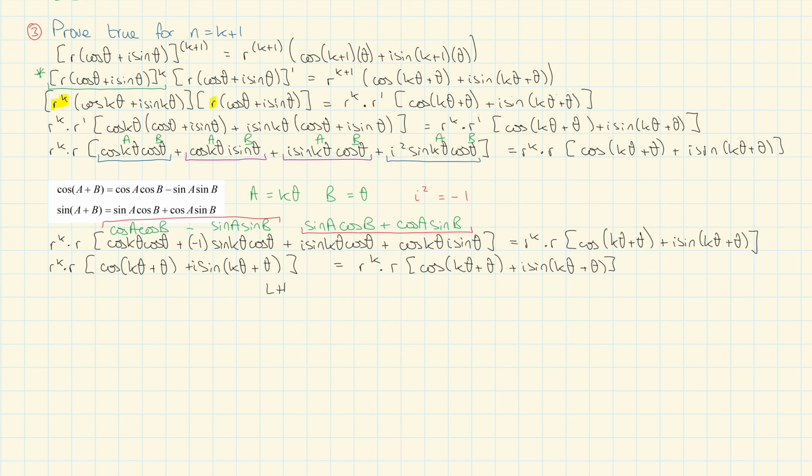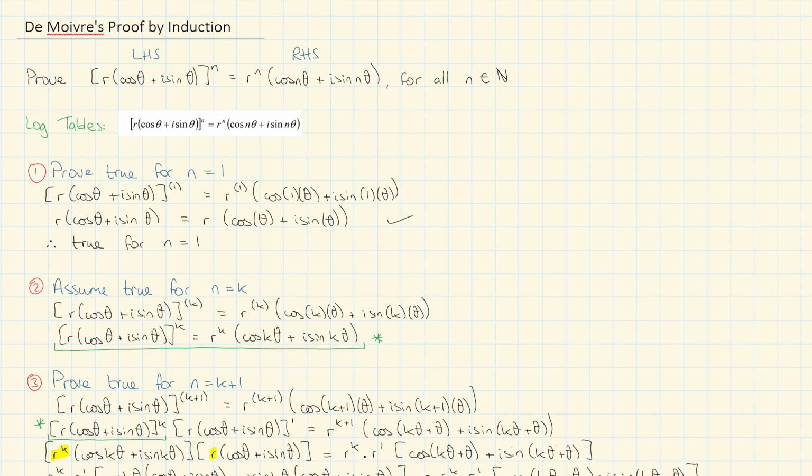So we have left hand side equals right hand side. You can put a tick, and it's true for n equals k plus 1. So now back to the original statement given in the question.